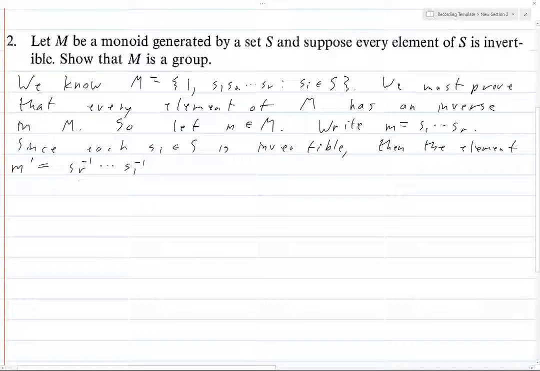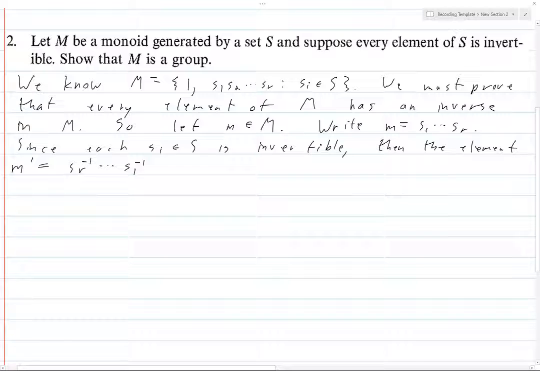So it'd be SR inverse, SR minus 1 inverse, all the way down to S1 inverse. So it's m backwards. It's literally what you would get if you were to write m inverse, because of how inverses work, you'd flip the order and put the inverses on the inside.